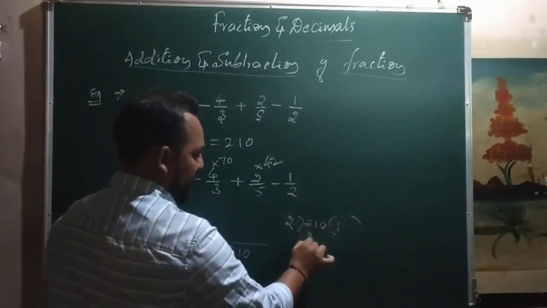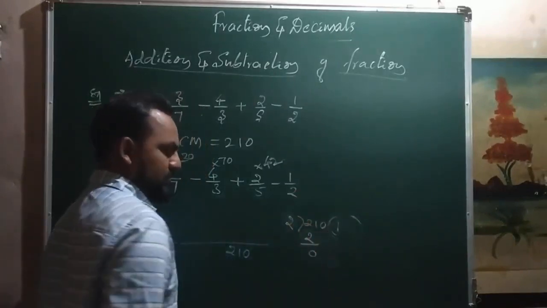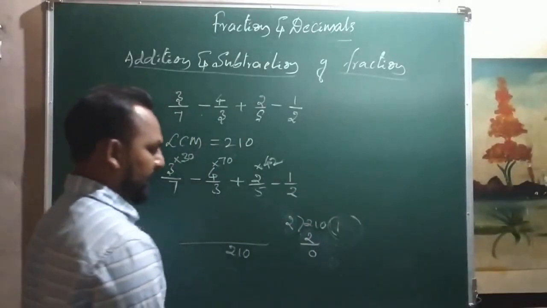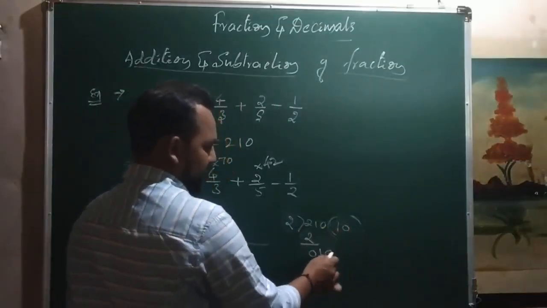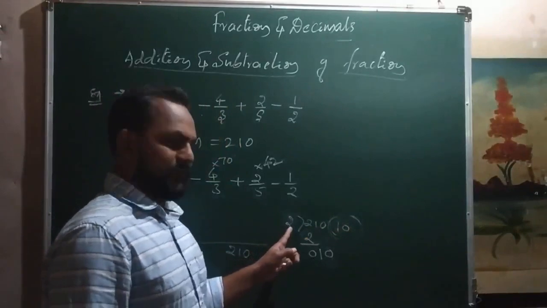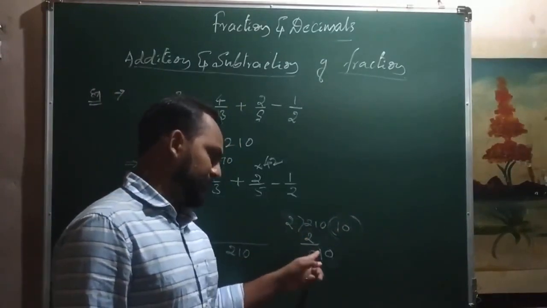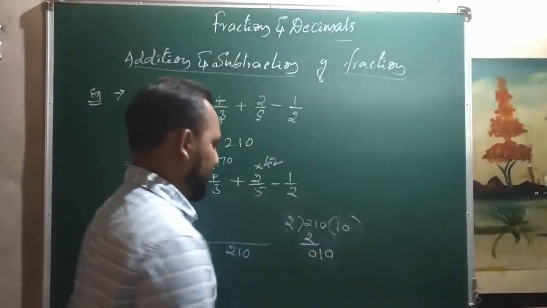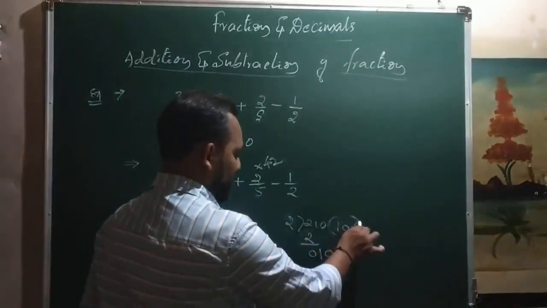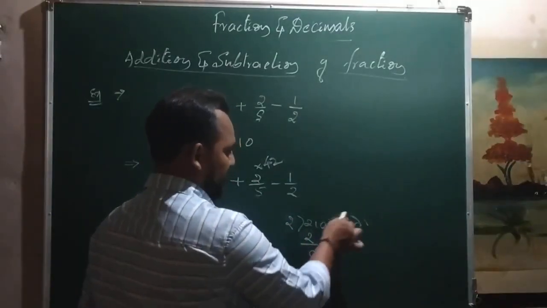Next denominator is 2. 2 1s are 2, then 0. The remainder is lesser than the divisor, so take a 0. Then 2 5s are 10, so 105.